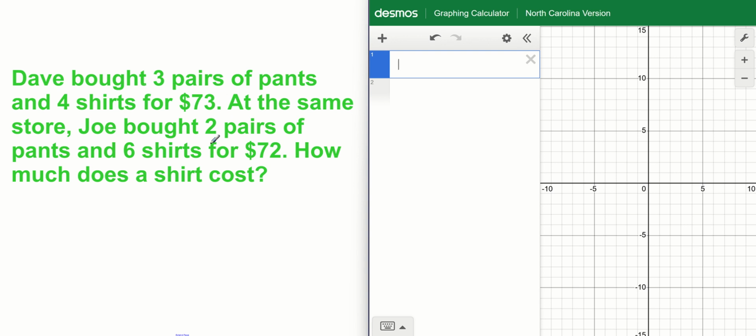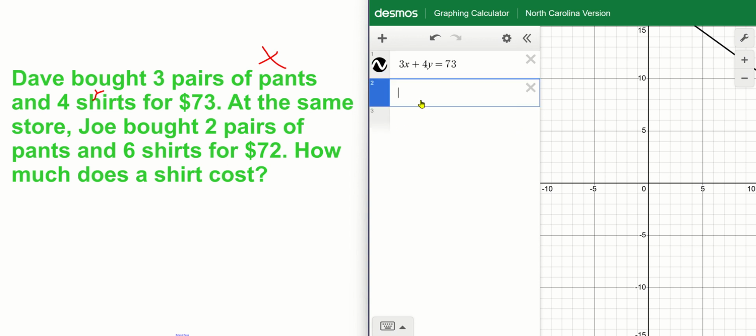A lot of us probably would have used P and S before to keep straight which one's which. So you have to remember which one you're making X and which one you're making Y. If I do this as 3X plus 4Y equals 73, that means I'm using shirts as my Y value.